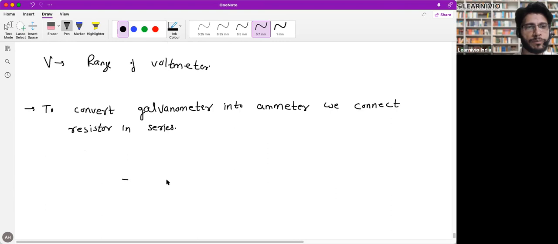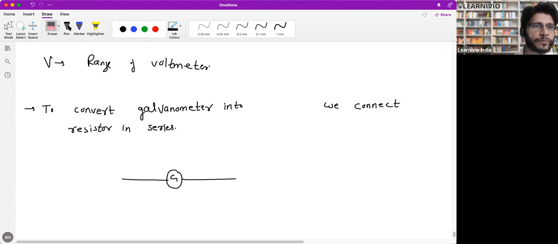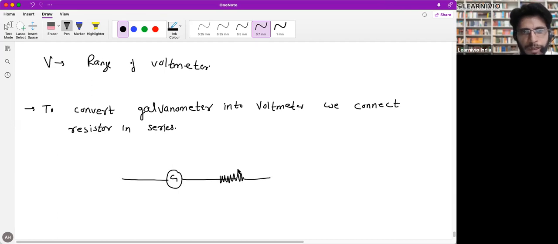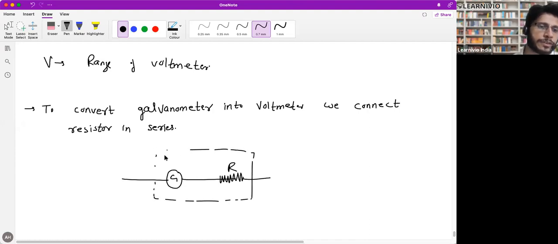So this is the galvanometer. To convert this into voltmeter, we connect a resistor R in series. This whole system is voltmeter.